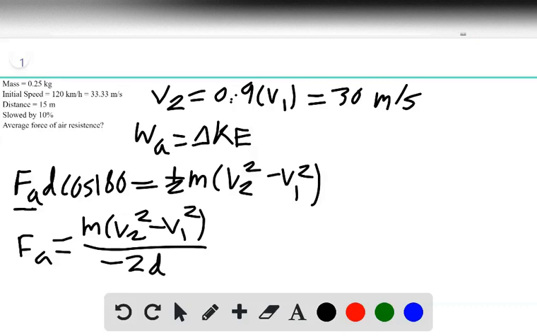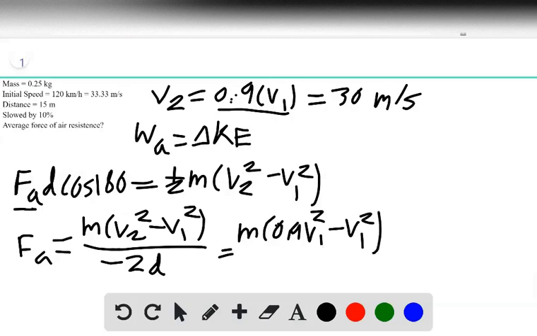Now we have to plug in our numbers for that. So we're going to get m, and we can put v2 in terms of v1 like we did up here. So this is going to be 0.9 v1 minus v1, and these are both squared, over minus 2d.